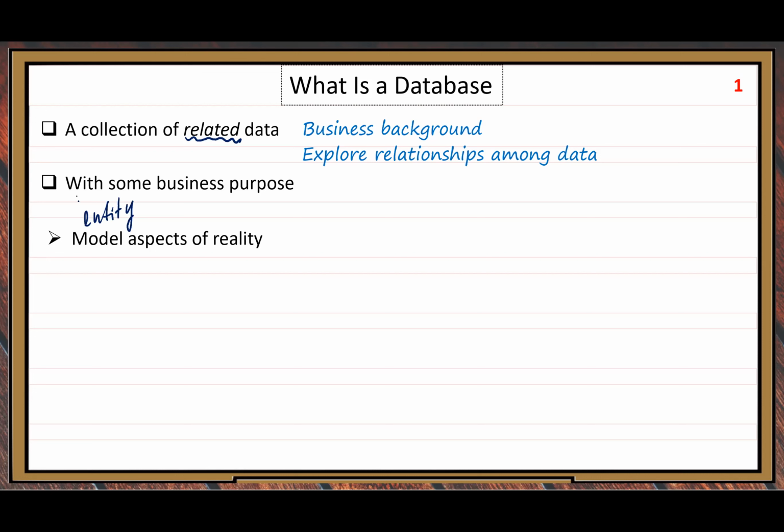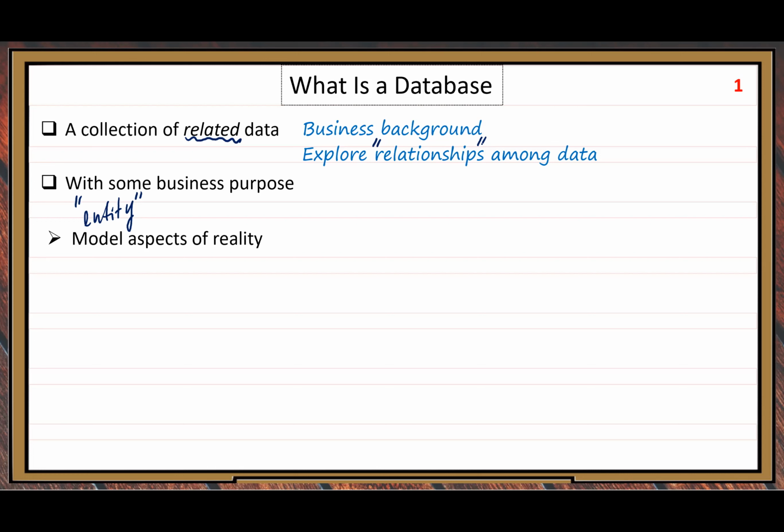Here you can see one concept we frequently use in our database is entity. Another is relationship. We already mentioned that. So two basic concepts we frequently study in our databases: entity and relationship.